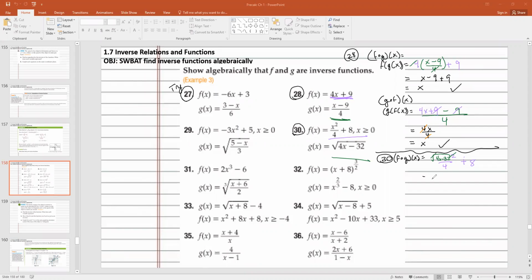And we get 4x minus 32 over 4 plus 8. Now this one might look a little tricky, but whenever you have this big fraction and you just have one term in the denominator, that's nice.